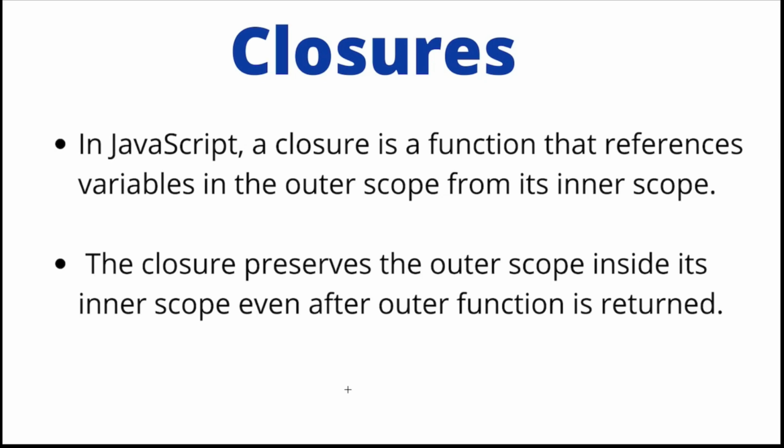So you should have some well written definition in your mind of what is closure. In JavaScript, closure is basically a function that references a variable in the outer scope from its inner scope. Or you can say closure is a function you create inside another function, and your inner function has access to all the data of your outer or parent function even after the outer function is completed or done with its execution.